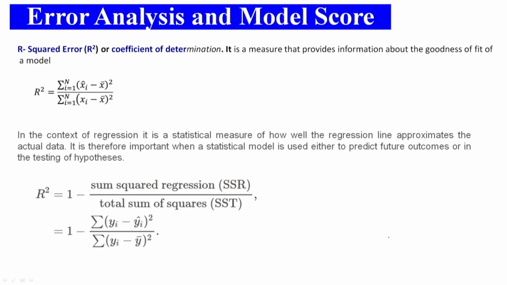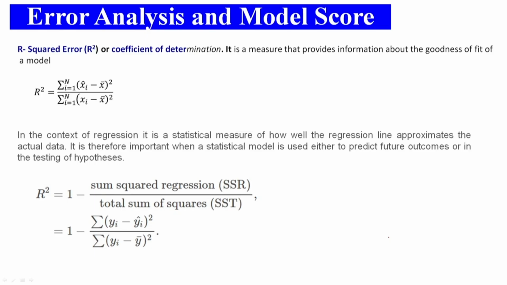Y bar is the mean, remember that, and the rest of the things I have already defined. So, it is basically 1 minus the sum of square regression divided by the total sum of squares, right. That also you can consider, but anyway, you may be using R square quite a lot. It is widely used in MATLAB or even Origin kind of software.